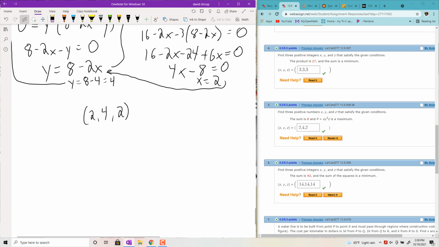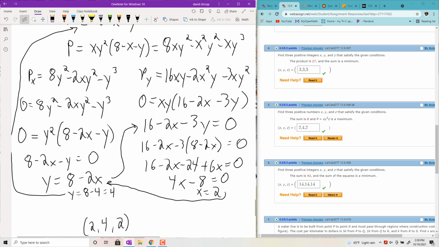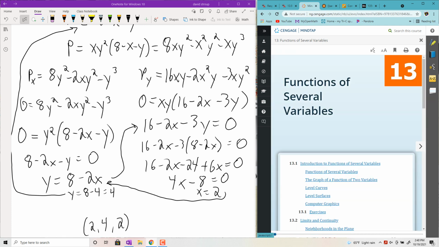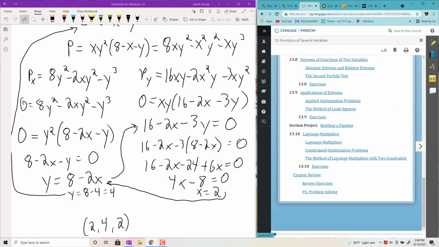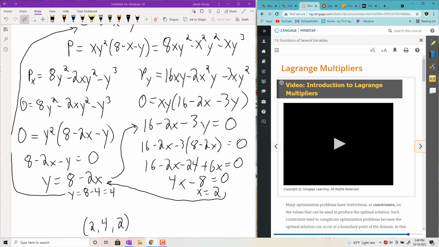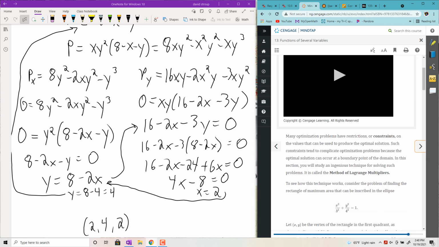All right. From there, we learned another method for doing optimization. The book advocates this method for border problems, at least that's what it seemed like to me they were advocating, but then they didn't actually do any of these sort of constraint problems. They said many optimization problems have restrictions on values, and such constraints tend to complicate optimization problems because the optimal solution can occur at a boundary point, right?